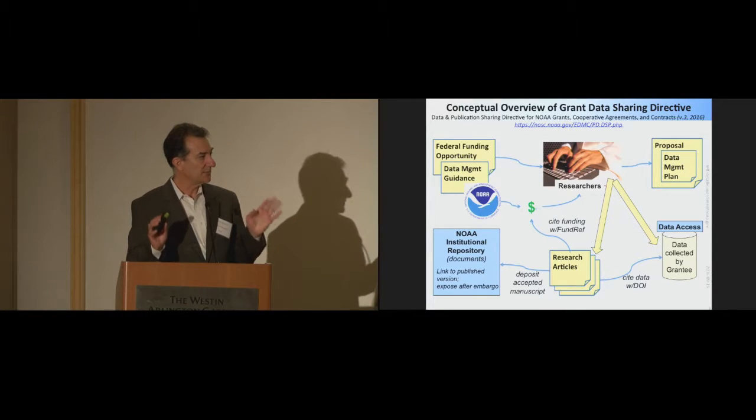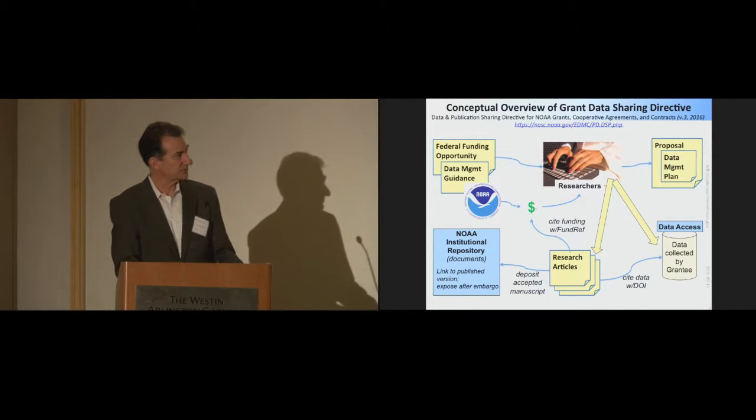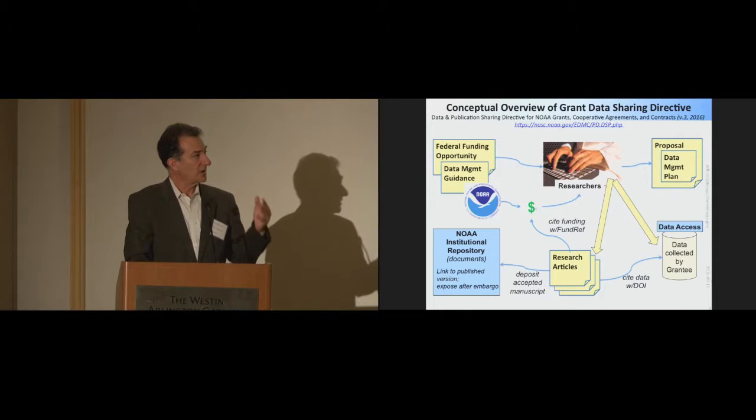We'll keep it hidden there for a year, and after one year we'll make it available. But during and after that year, we will link to the version of record at the journal with its DOI. It's just a copy of the manuscript, in case people want to get a copy of the article after a year without a subscription to the journal. So that's the landscape of what we're doing.